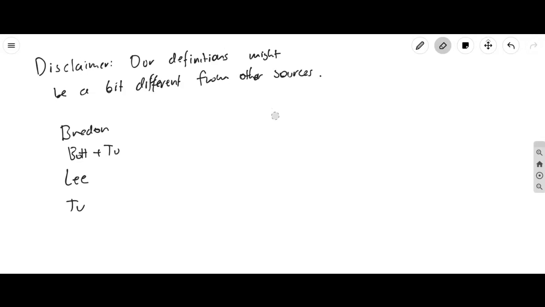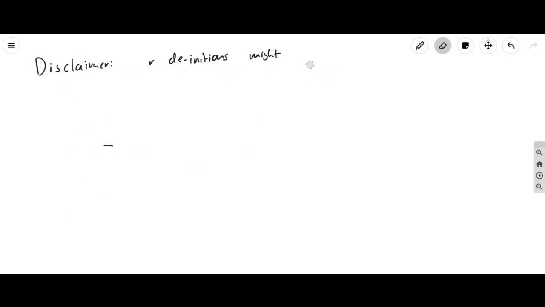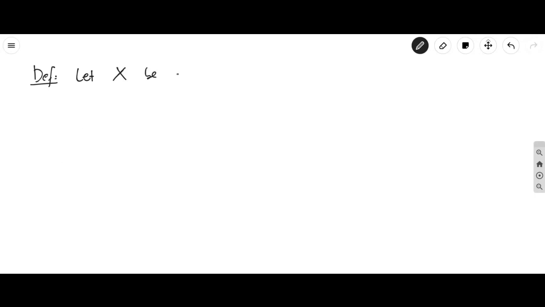So let's begin by defining what a manifold is. Start with this definition. Let X be a space.